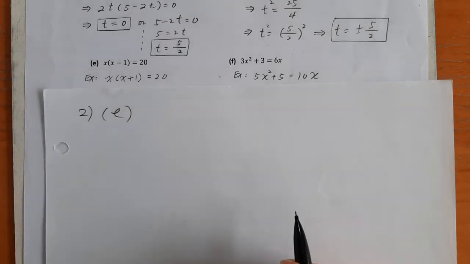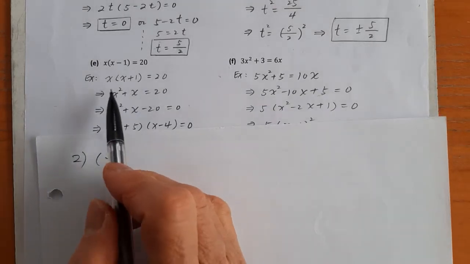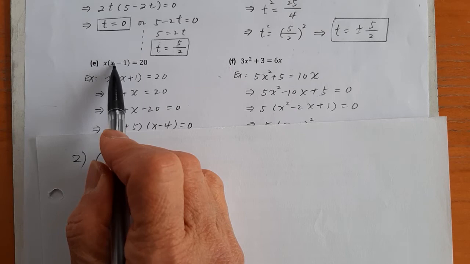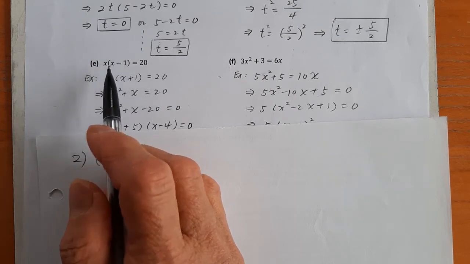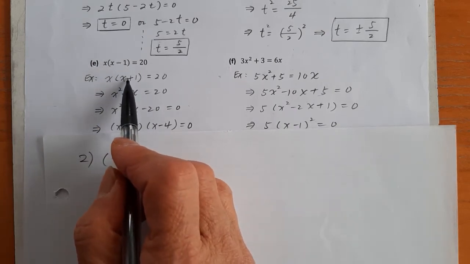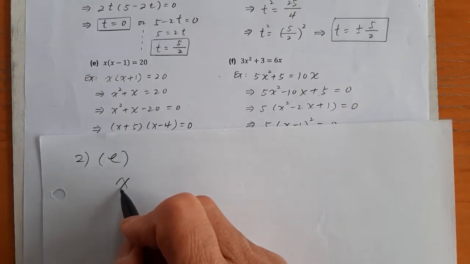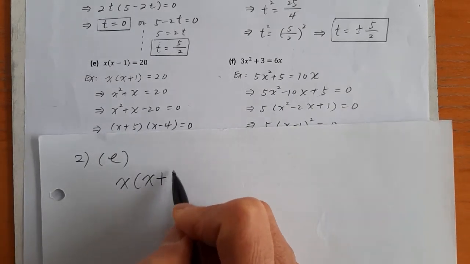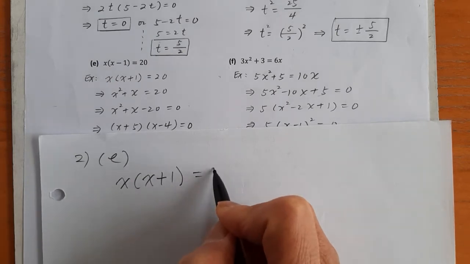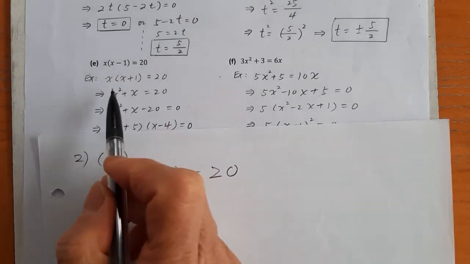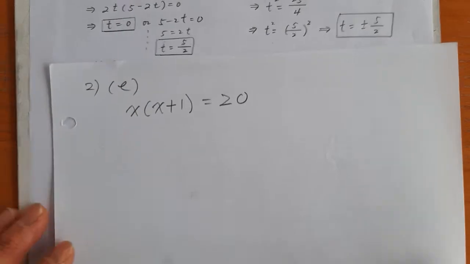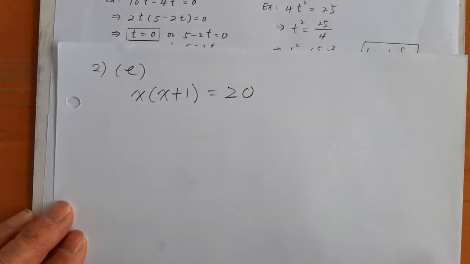Your homework question has a minus, so I change the example to plus. The example is x times x plus 1 equals 20. That's the example here. So solve for x.